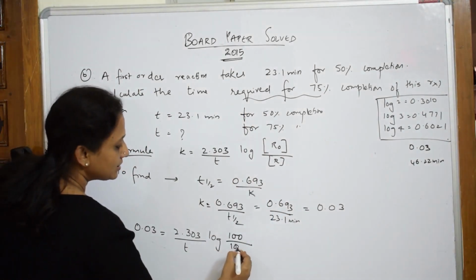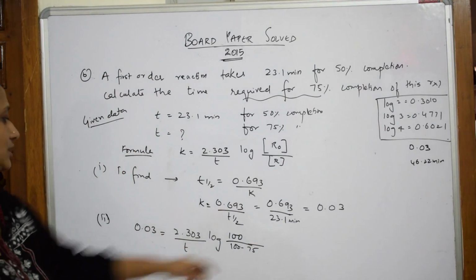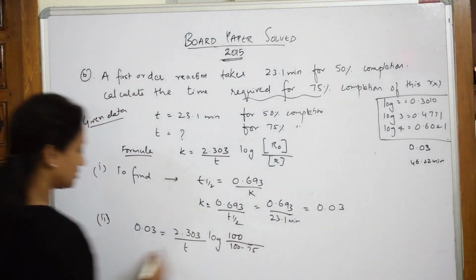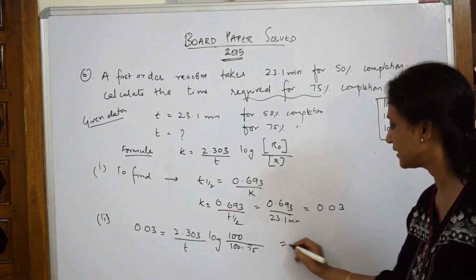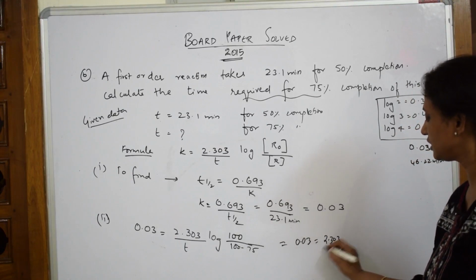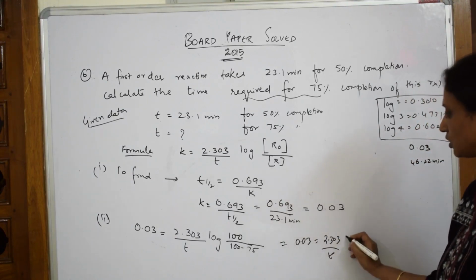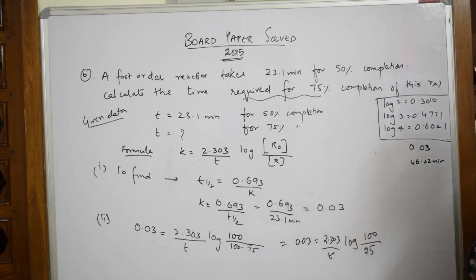So 100 minus 75. Correct. So you get 25 here. Now if I solve, 0.03 is equal to 2.303 by t, log 100 by 25.